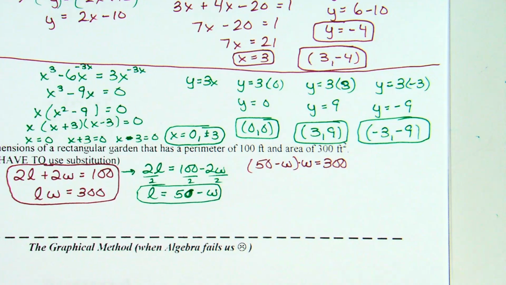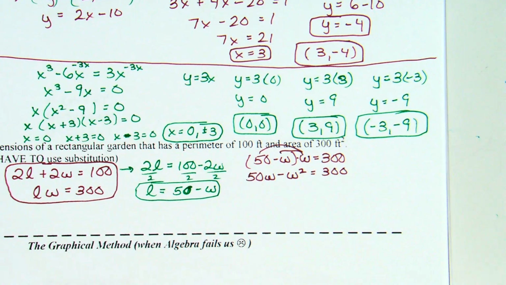What do you want to do now? Make it equal to 0. I mean, subtract the 300 makes it equal to 0, yes? But you guys know me well enough by now. What am I going to say about the negative w squared? I want it to be positive, based on what we're going to try and do.